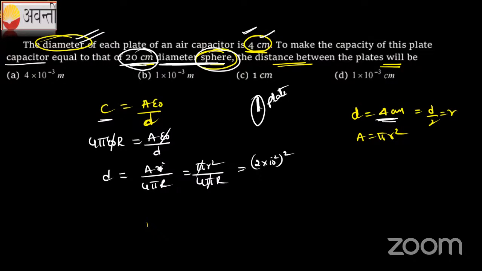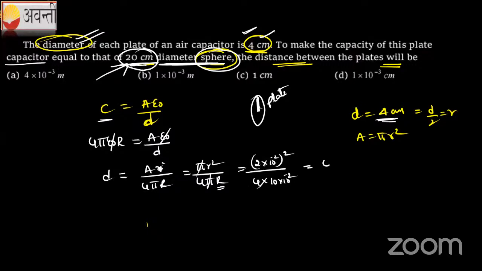Here in the denominator, what is there? 4 into r. They gave the diameter of the sphere, we need the radius of the sphere. Half of it is 10 into 10 to the power of minus 2, meaning converted to meter. Next thing, look, here it is 4 into 10 to the power of minus 4, in the denominator 4, and here 10 to the power minus 2, this is plus, it will be 10 to the power of minus 1.